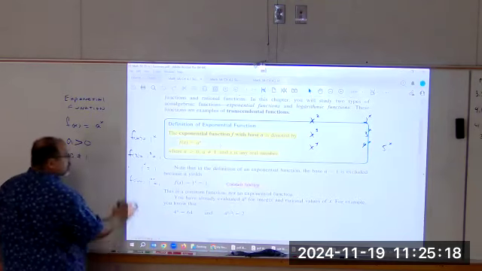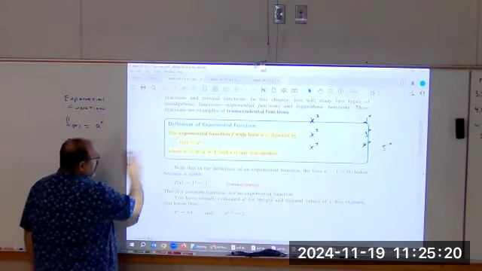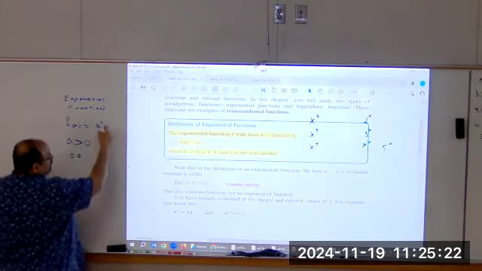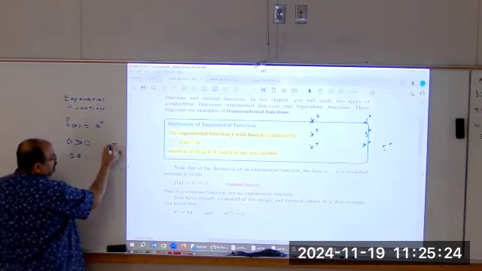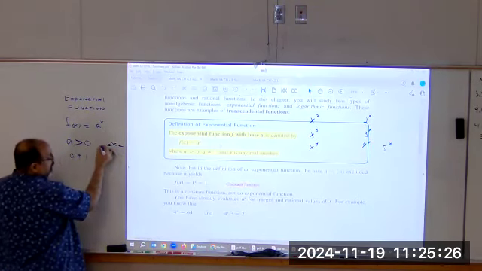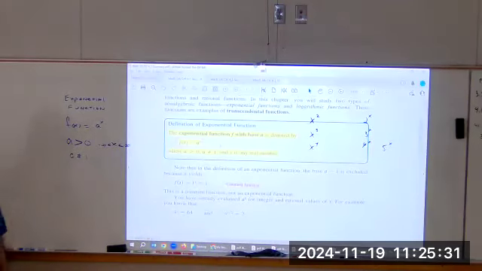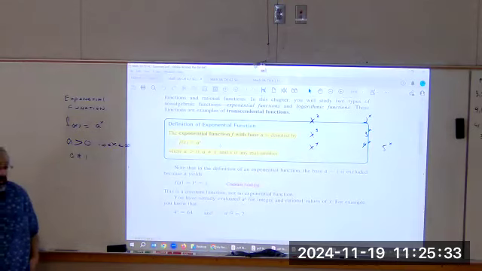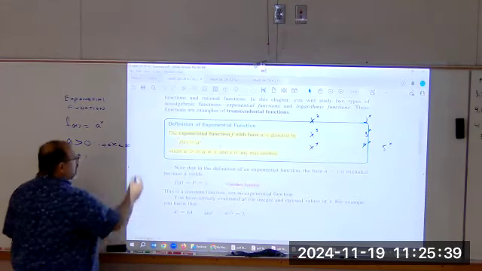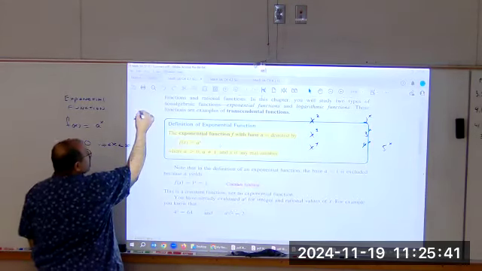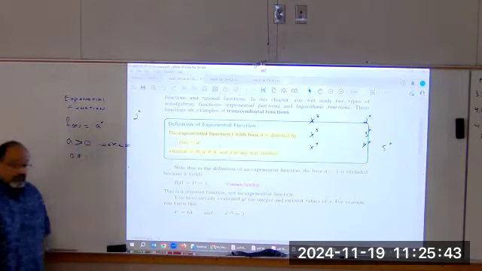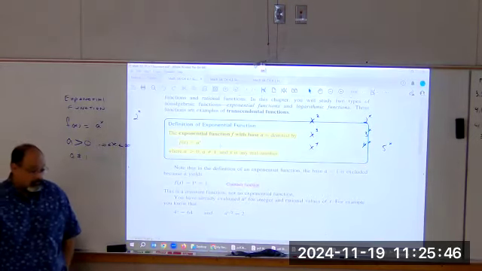And we can raise the base. X can be any real number. The exponent could be any real number from negative infinity to infinity, which means it could be positive, it could be negative, it could be fractions. It could be rational, it could be irrational. We can do 2 to the pi, 2 times itself pi times.